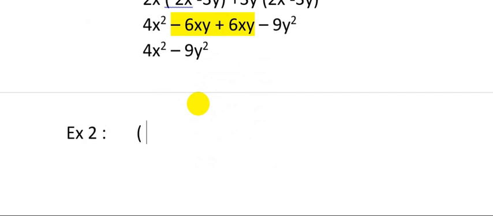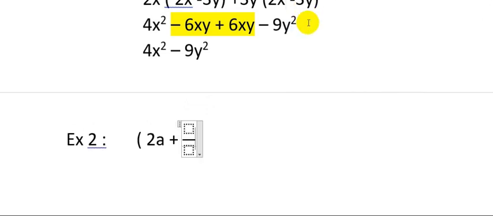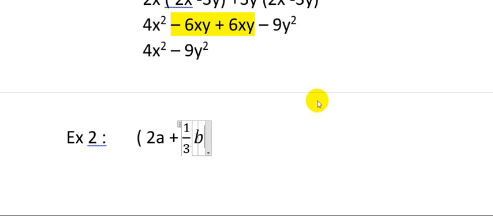So we'll say 2a plus, so I'm going to include a fraction over here, 1 over 3b. 2a plus 1 over 3b.